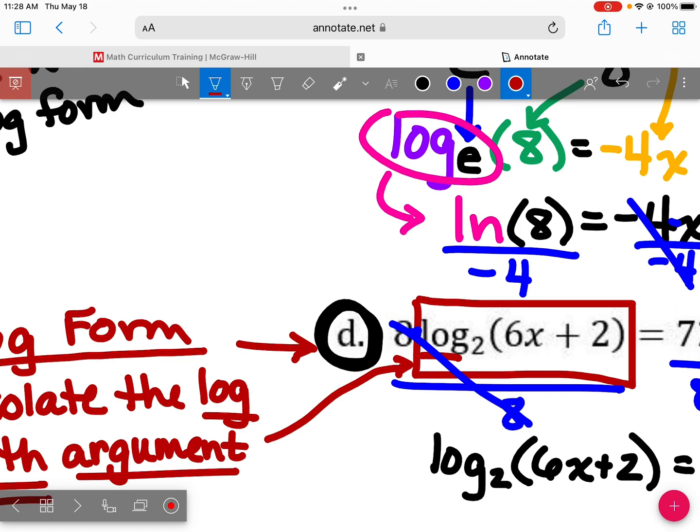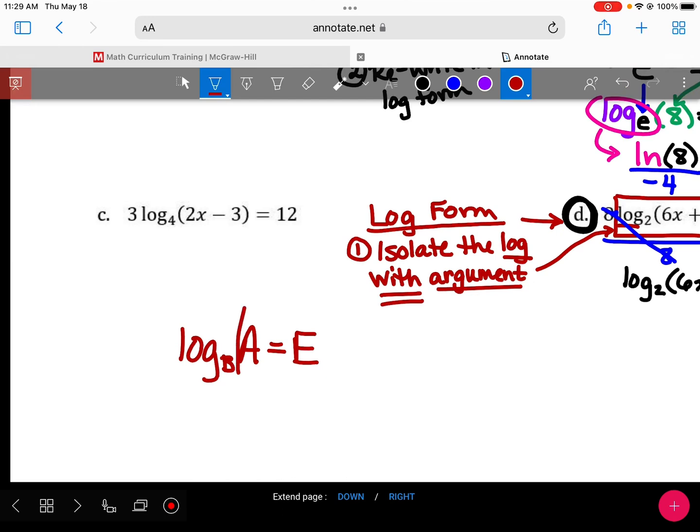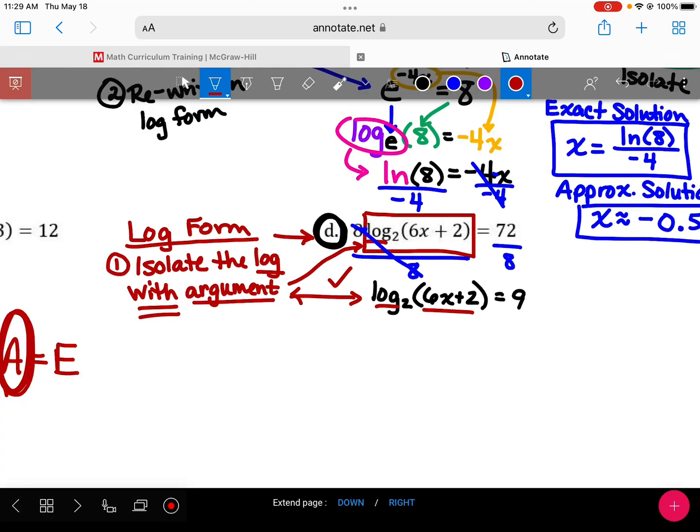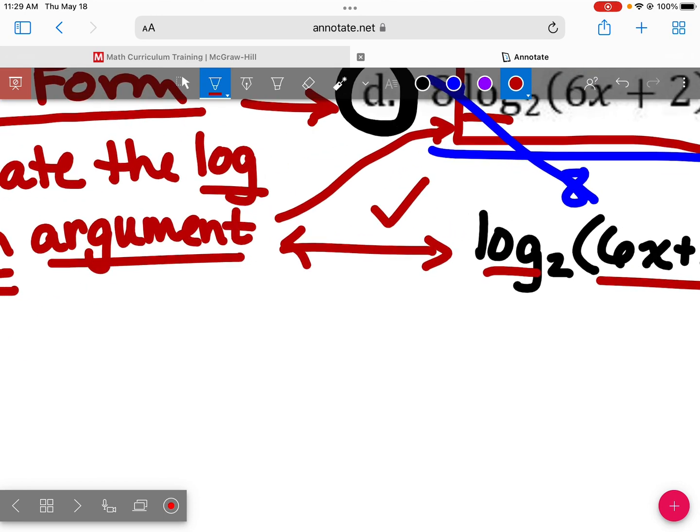So was the argument 8? No. The argument is right here. Have I isolated the log with its argument? Yes, the 8 is not there anymore. I need the log and I need the argument still there. So this is isolated.